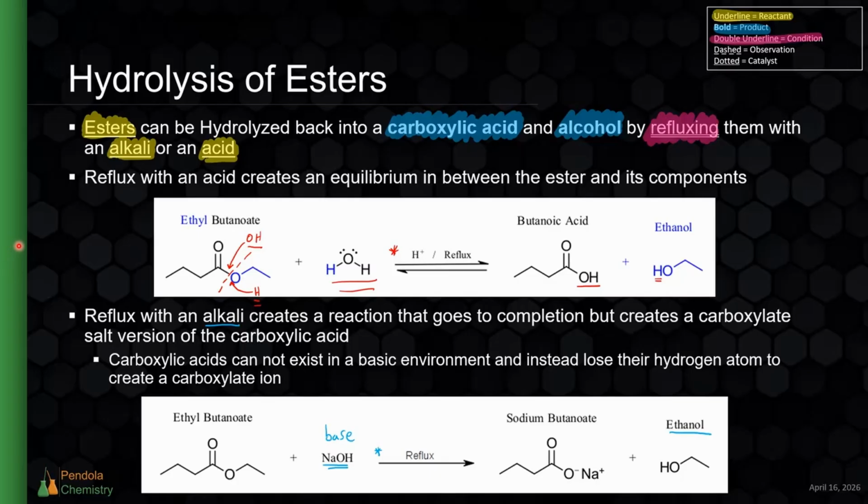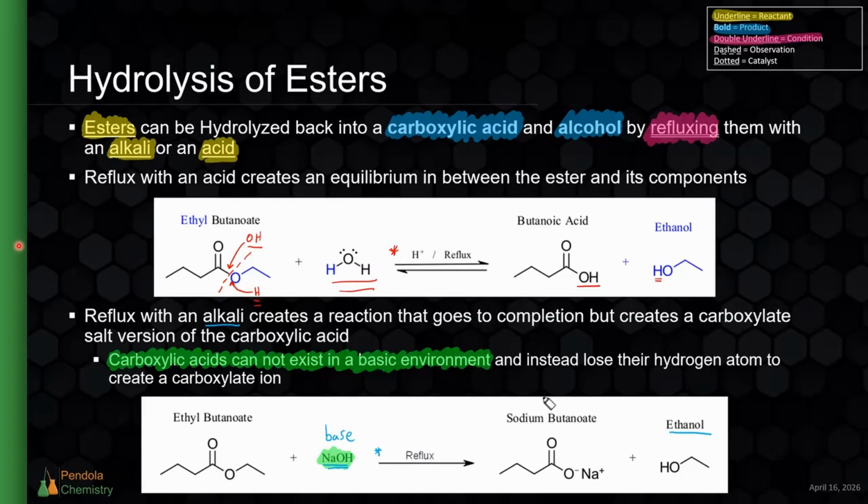And that's something that should make sense to you. Carboxylic acids cannot exist in basic conditions because they're acids, meaning they're going to react with bases. That carboxylic acid that gets created is going to react with the sodium hydroxide that we're using for this reaction.